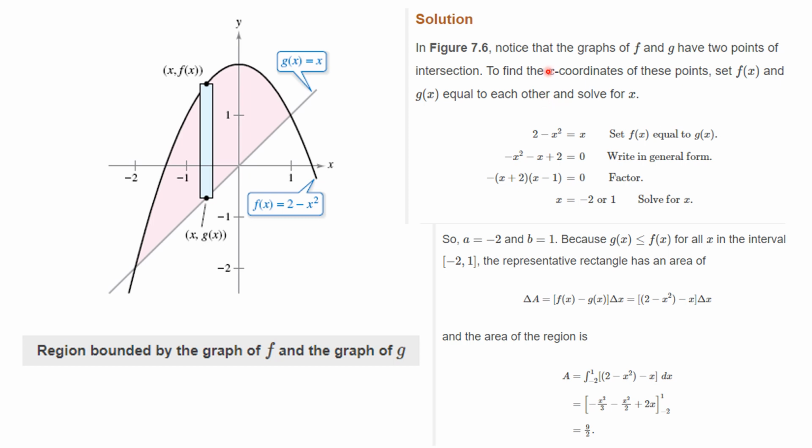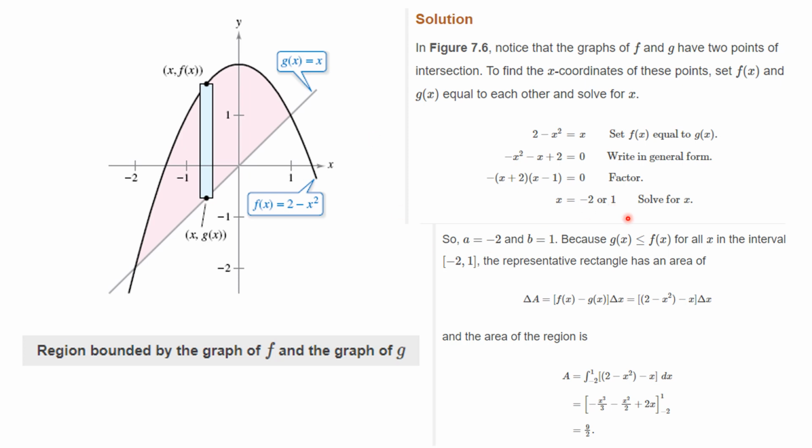Now, we have to find the points of intersection to have the limits for the integral. This goes back to algebra. To find the x coordinates, and again we're integrating dx because of that slice, set f of x and g of x equal to each other. We get this, and then we move everything to one side to get this, and this will factor, and we find that x is equal to minus 2 or x is equal to 1.